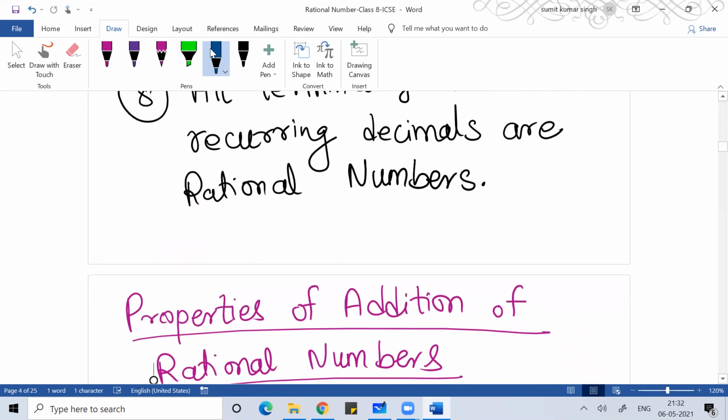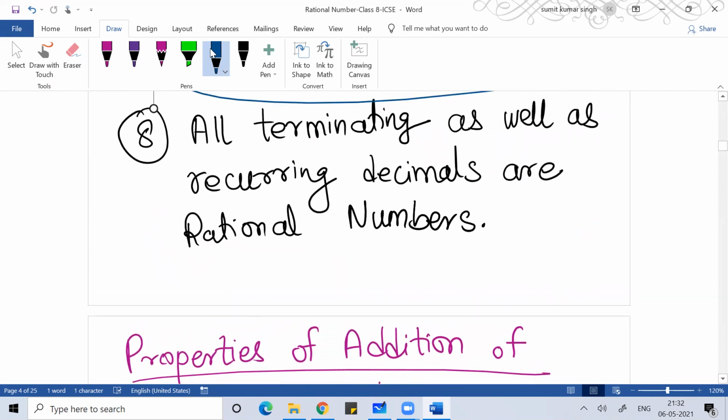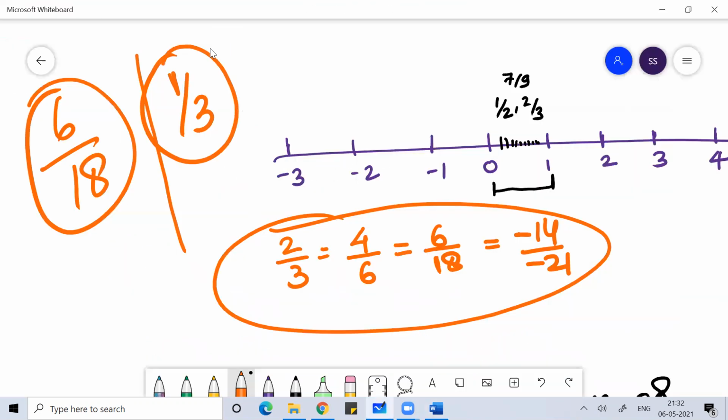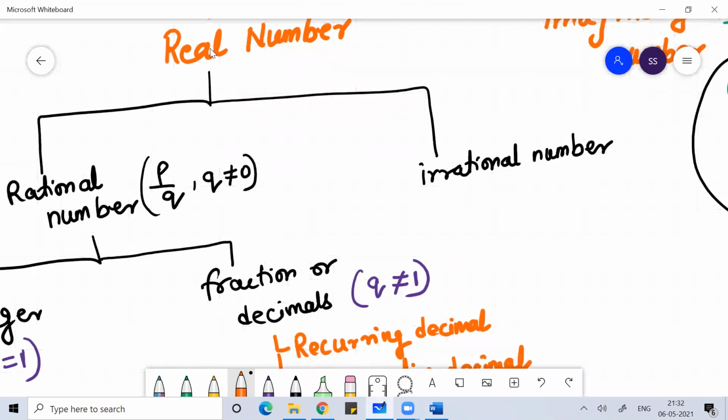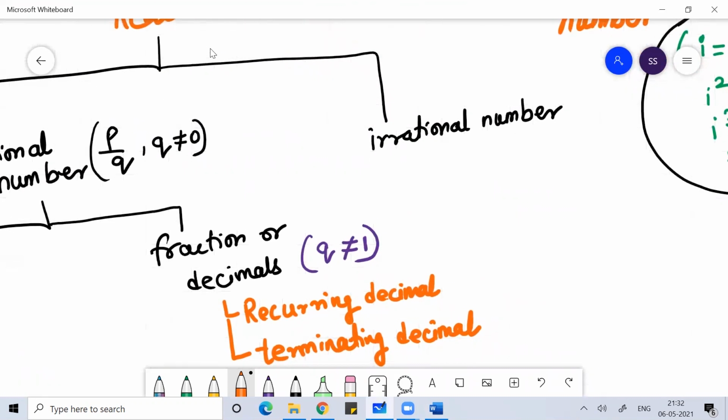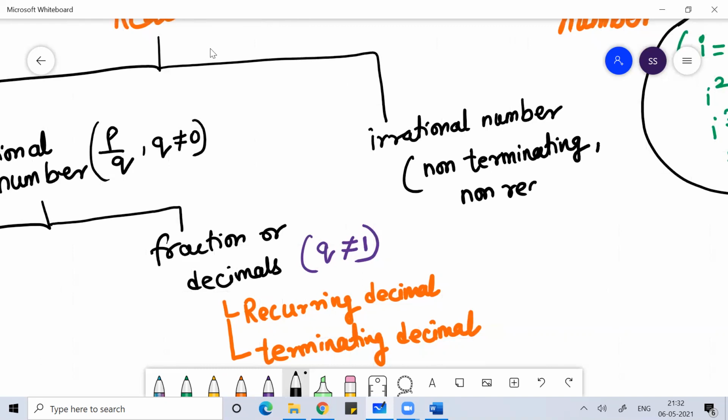Going further, I already told you that all terminating and recurring decimals are rational numbers. When we talk about decimals, irrational numbers are basically non-terminating, non-recurring decimals.